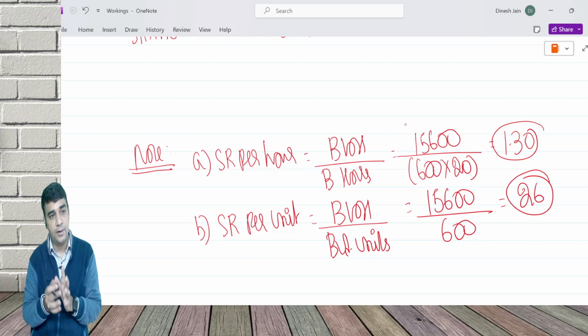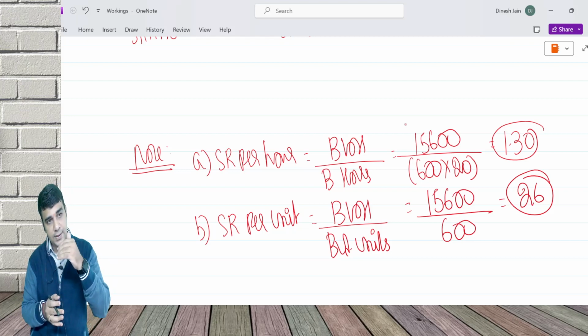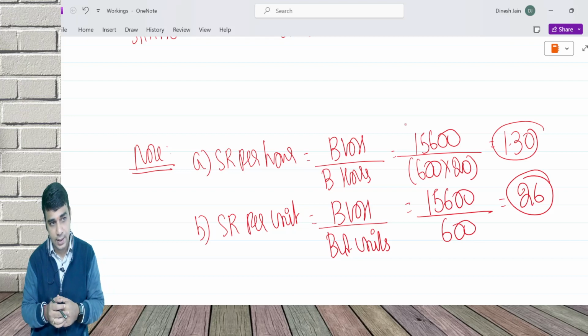These two are sufficient for me to do the calculation, but I want to do everything. That is, I want to do SR into SH, SR into AO. So I'm going to show you a lengthier calculation, but otherwise this 1.3 and 26 is sufficient. Using this 1.3 and 26, I'll complete the table first and then show you the conversion factor also.